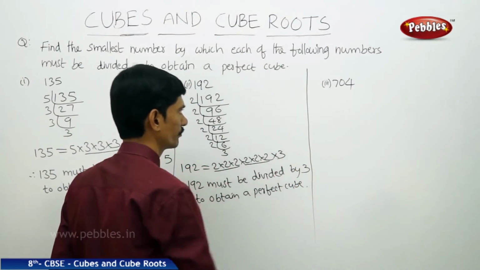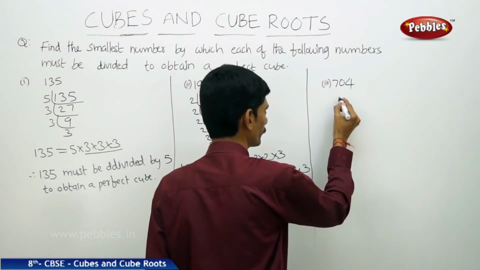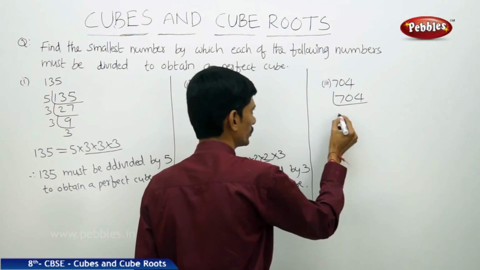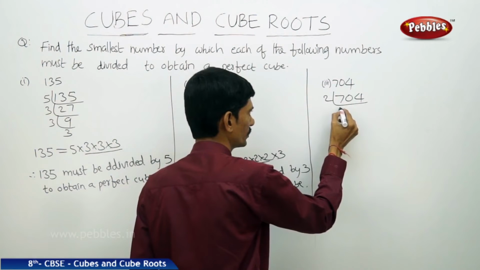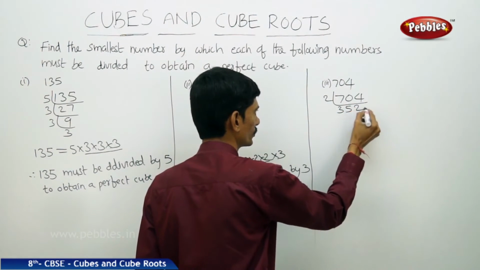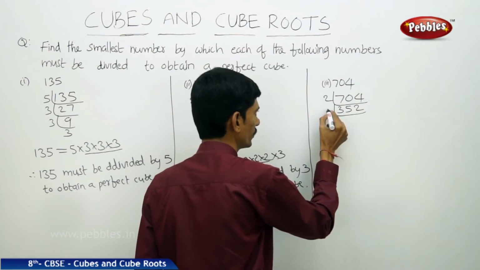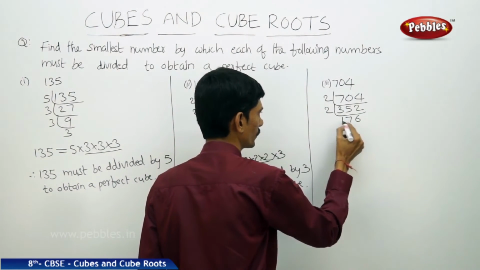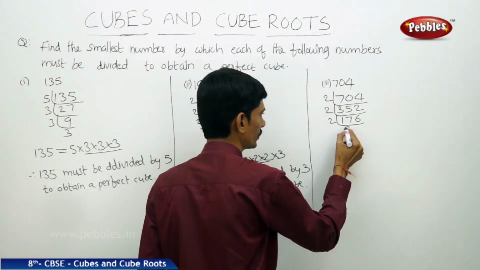Now the next question, 704. Let us factorize 704. 704 is divisible by 2. Again 2 table: 2 3s are 6, 2 5s are 10, 2 2s are 4. Again 2 table: 2 1s are 2, 2 7s are 14, 2 6s are 12. 2 table: 2 8s are 16.